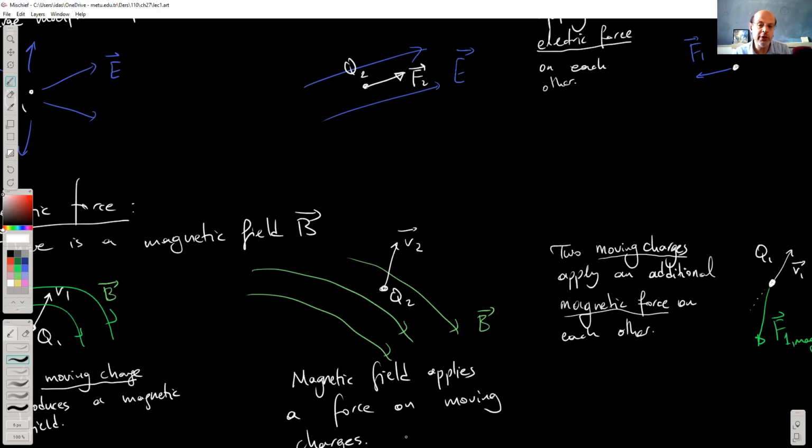We are going to discuss some of these relativistic issues later when time comes. But it appears that if there is an electric force applied on the charges, Einstein's special theory of relativity implies that there should somehow be a magnetic force as well.